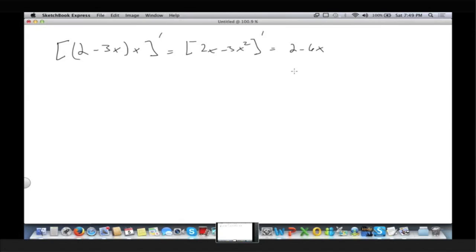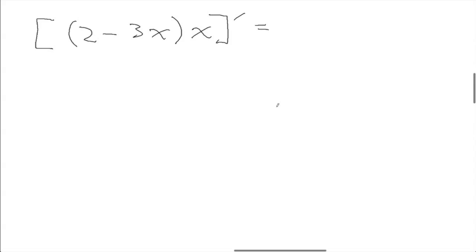Before you could take the derivative, you had to use the distributive rule and get rid of the parentheses. Excellent, that was very good. I'll go back to my screen.